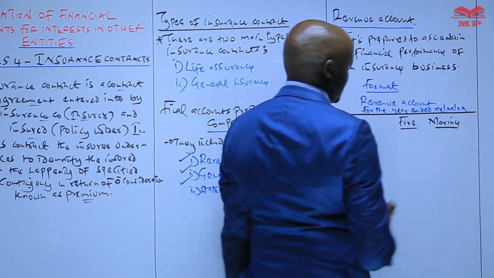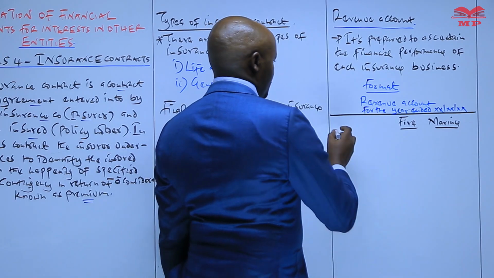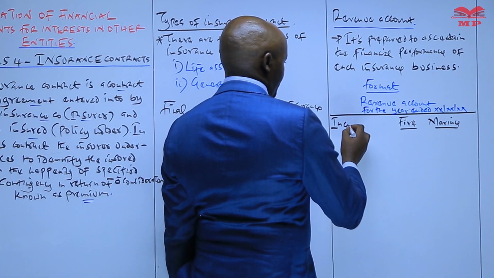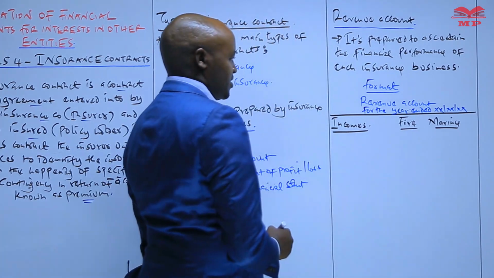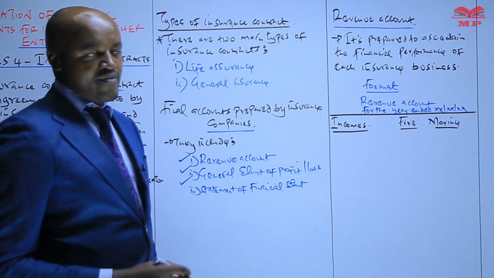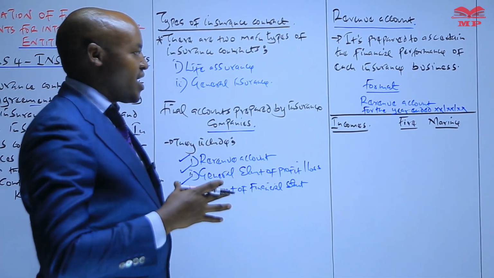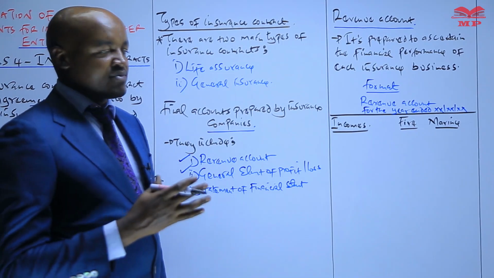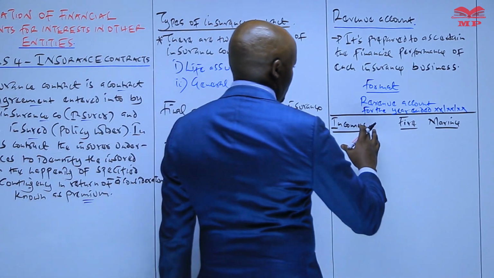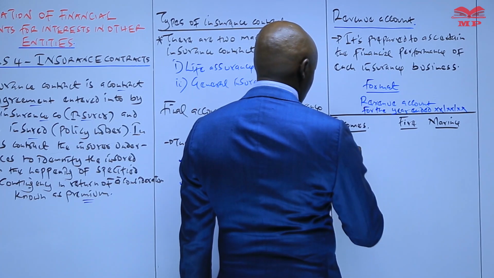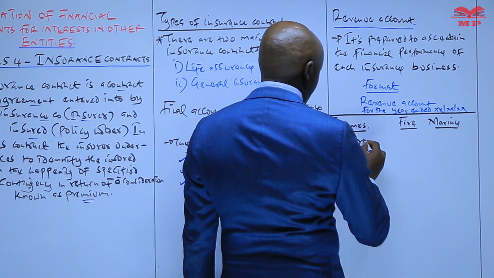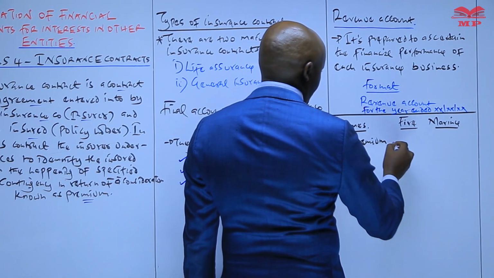Two insurance businesses. So always what we start with here are incomes from these two insurance businesses. The first main source of income from any insurance business is the premiums, which will be received from the clients and so on. So the first thing we record here is the net premium.